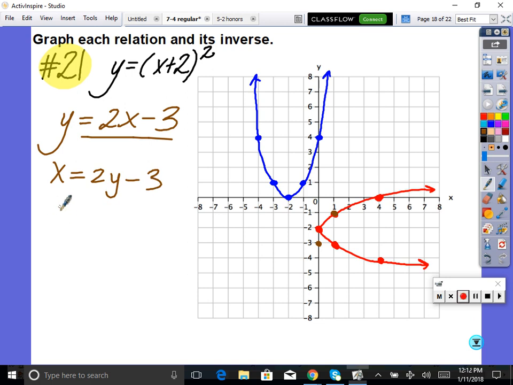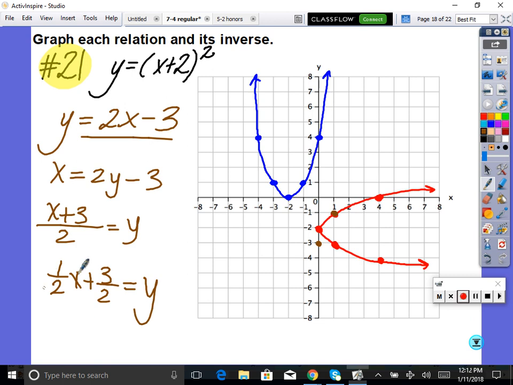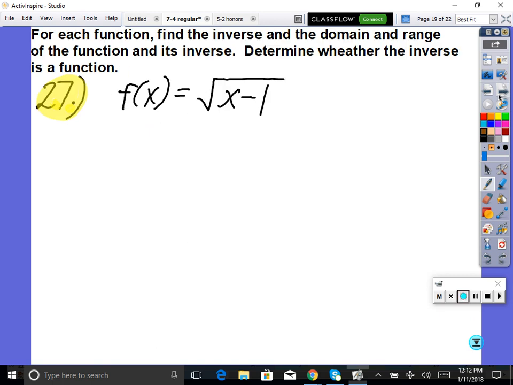And then I'd add 3. X plus 3 divided by 2 equals y, which is 1/2 x plus 3/2 equals y. I would just rather graph lines by hand, because that's easier than switching xy points for lines. But for quadratics and stuff, I usually just do this. Does that kind of make sense? Okay, so then last one that I'm going to let you work for pretty much the rest of the time.